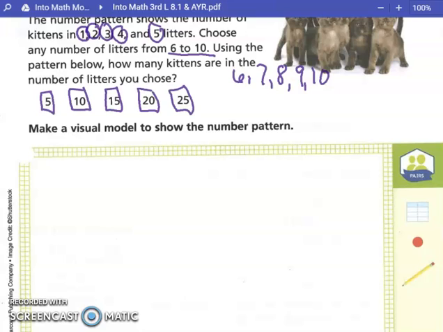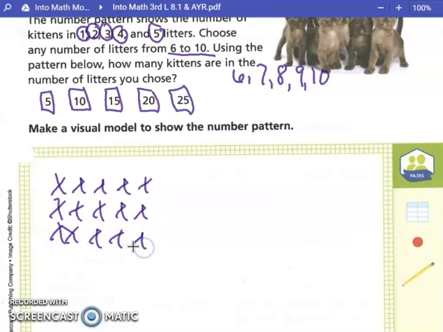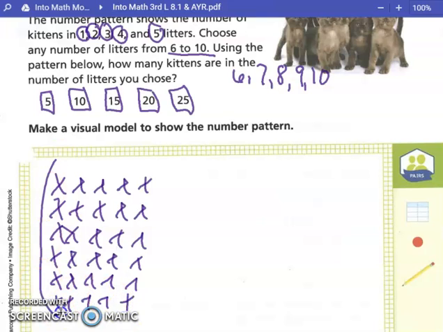All right, there are several different things here. Most people did an array. I'm just going to say 6 so I can draw it faster, and draw an array. And then I asked them to circle groups of 5, and I just circled them.